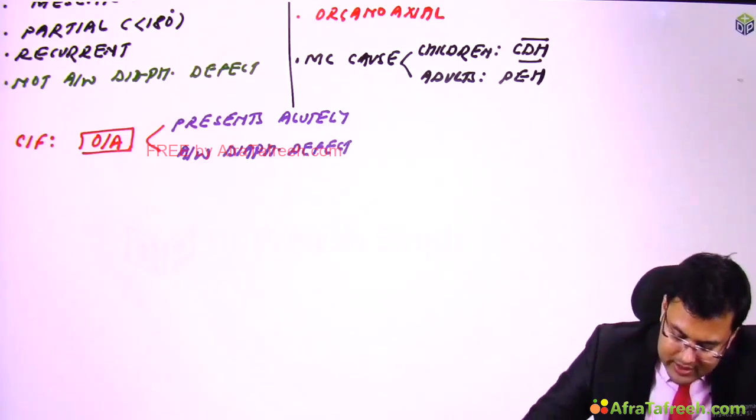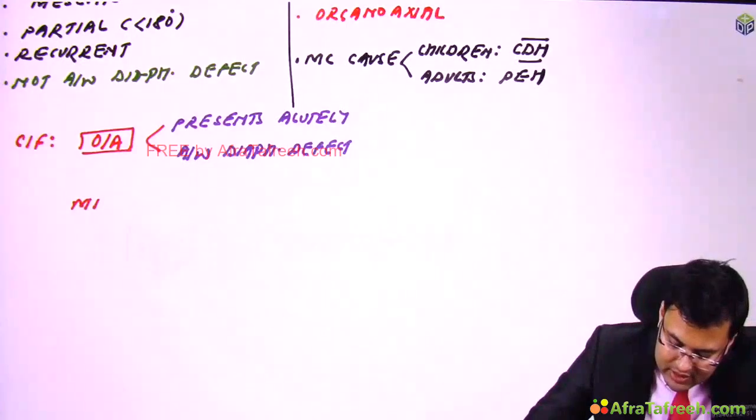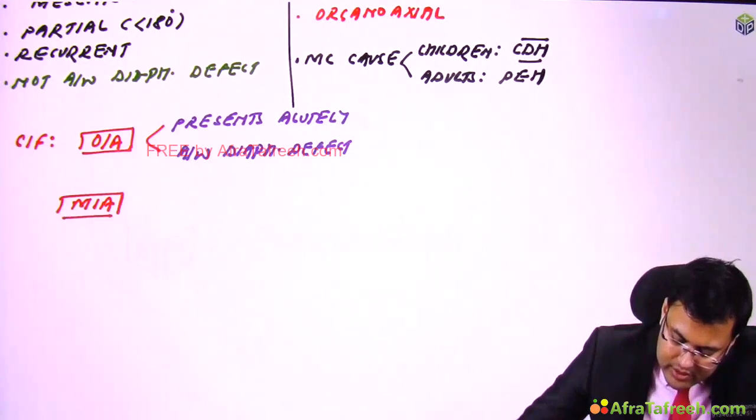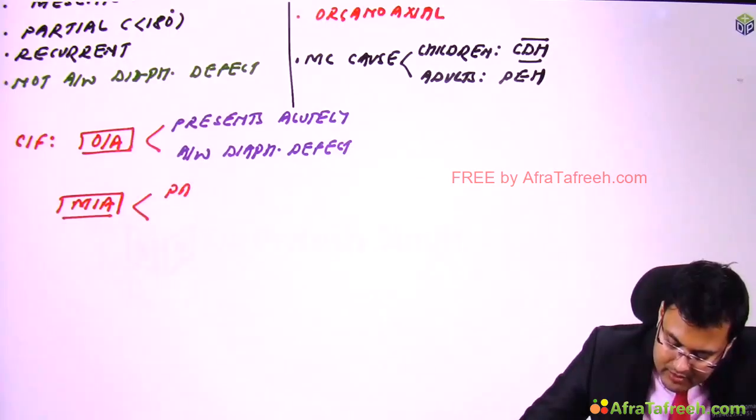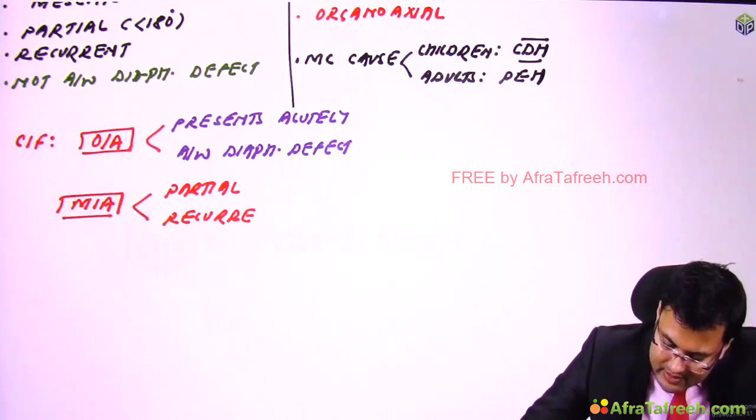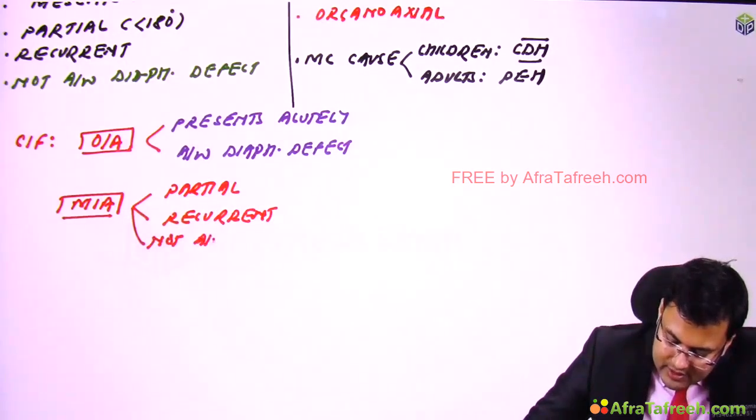But what about mesenteroaxial volvulus? I told you it's partial, meaning less than 180 degrees, and it's recurrent. And it's not associated with diaphragmatic defect.